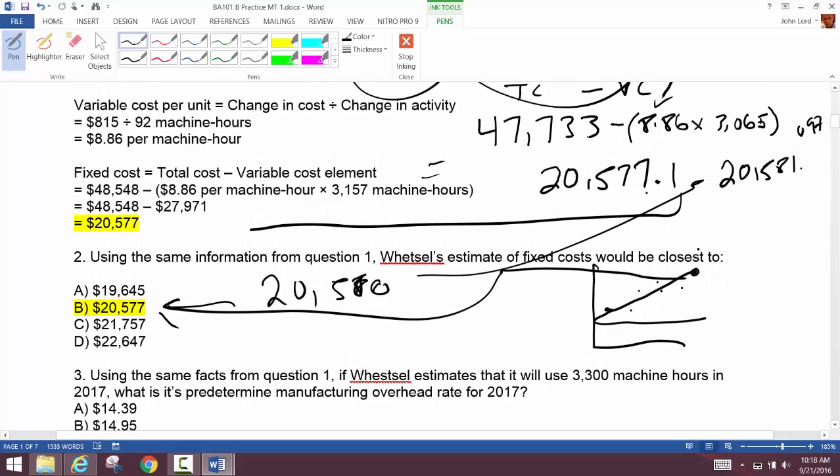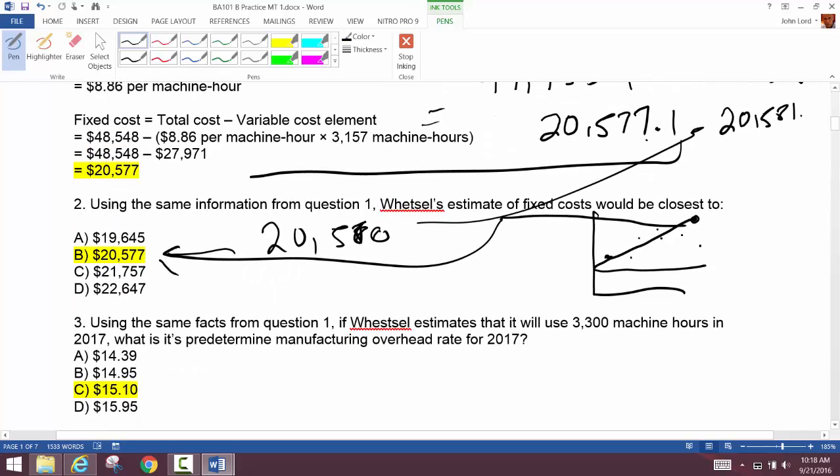So how do I come up with the predetermined manufacturing overhead rate? What do I have to do? First, I take my 3,300 machine hours. I want the rate, don't I?